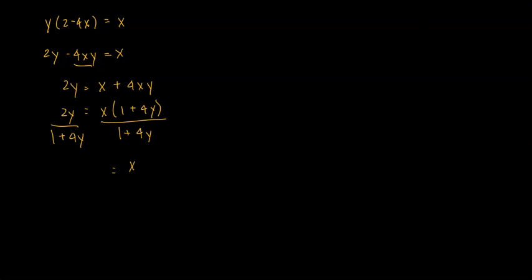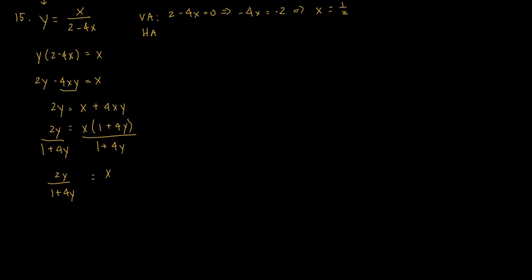So now we have x equals 2y over 1 plus 4y. Now we have isolated the x. Then we set that denominator equal to 0. 1 plus 4y equal to 0. So that is going to be 4y equals negative 1. And so y equals negative 1 over 4.